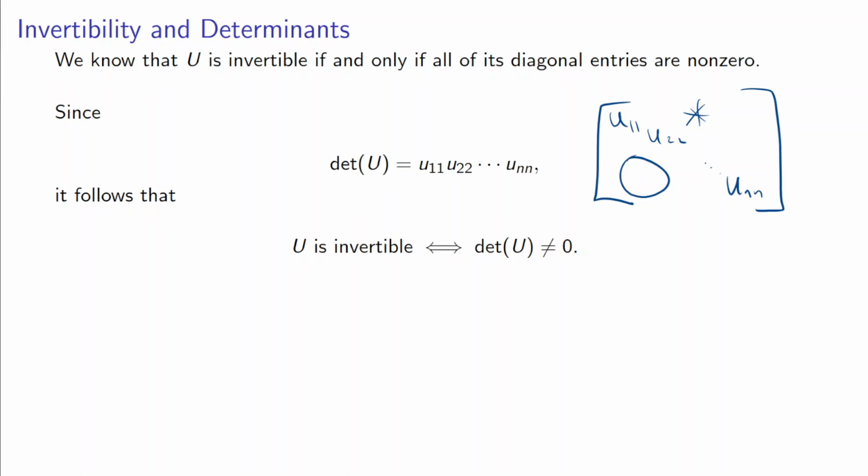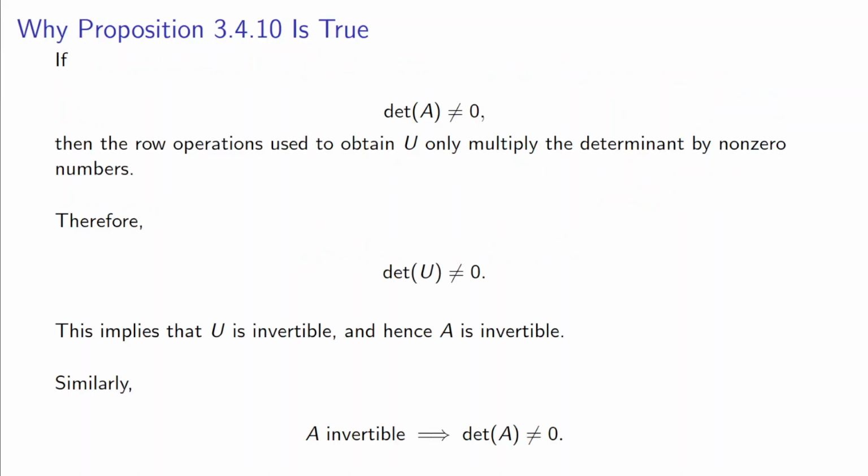If one of them is zero, right, then we immediately know that this will not be able to row reduce to the identity, and if they're all non-zero, then we can pretty quickly tell that this can be reduced to the identity, so therefore is invertible, and so the determinant would be non-zero.